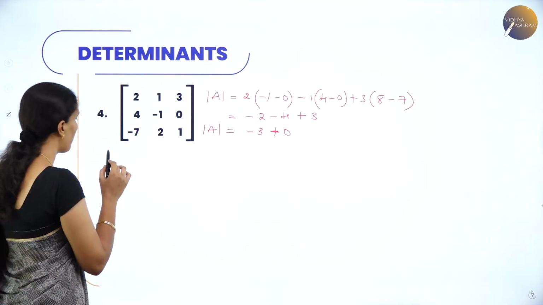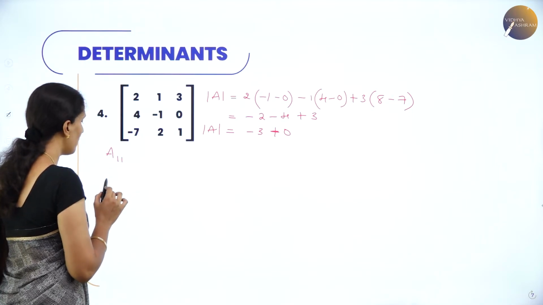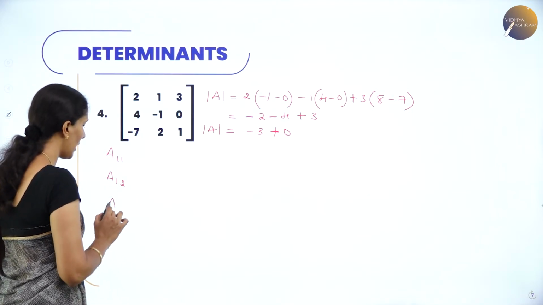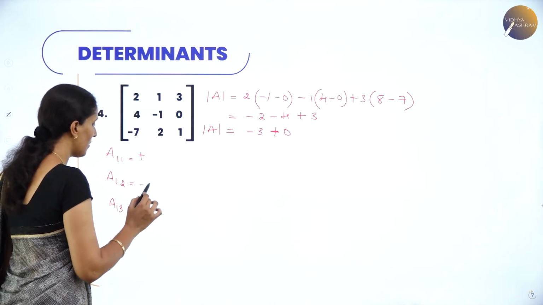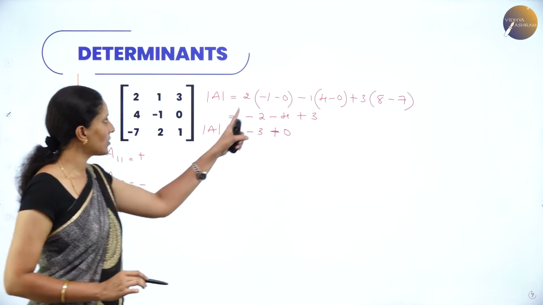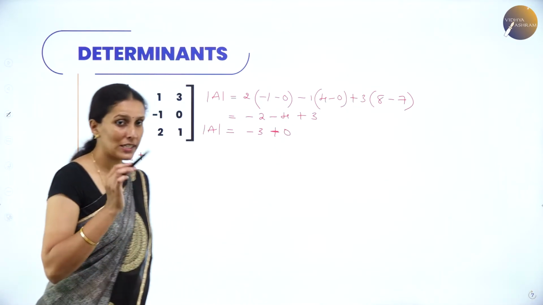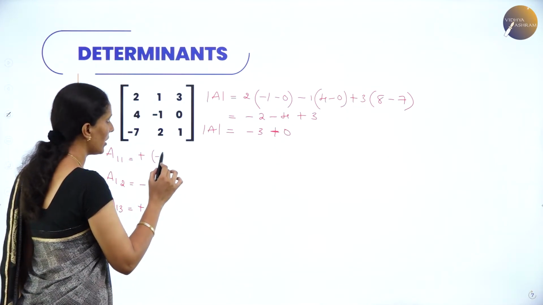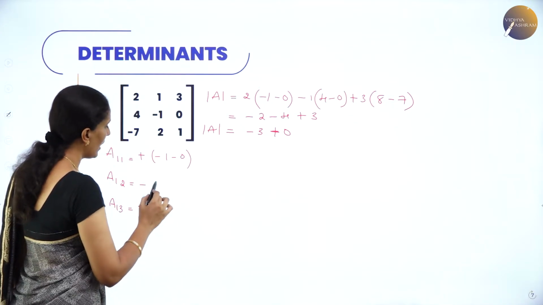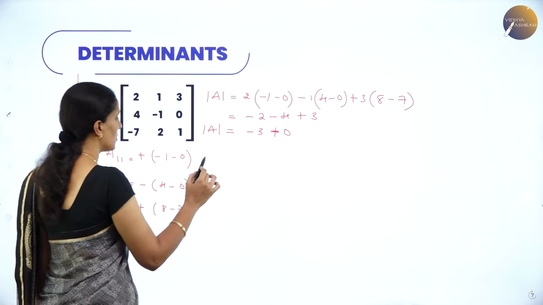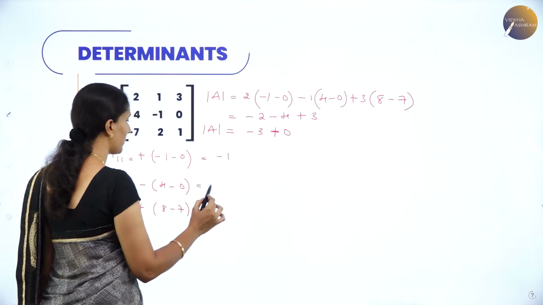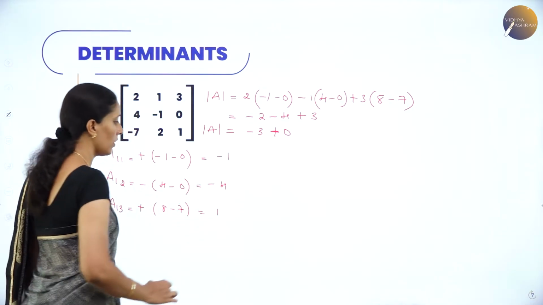Now let us find the cofactors A11, A12, A13. So for this the signs are plus, minus, plus. And the minors will be the values inside the bracket. So for the first, it is minus 1 minus 0, and here it is 4 minus 0, and here it is 8 minus 7. So here we have minus 1, minus 4, 1.